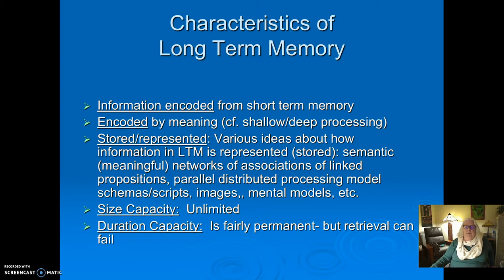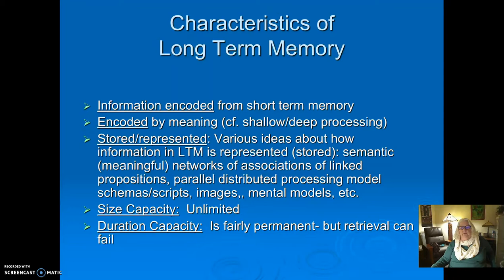We're going to talk about the propositional network model. That's the most popular. It has something to do with how ideas are associated. Also, you see the word schemas and scripts. That's also a popular way to think about it. That was my dissertation. I like schema theory. It's not quite the same thing as Piaget's schemas, but close enough. Well, maybe not close enough, but close enough for us.